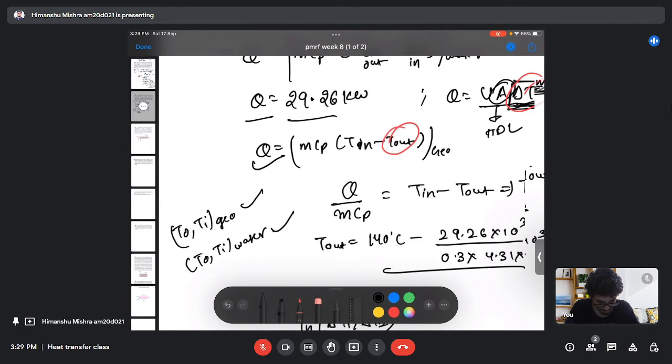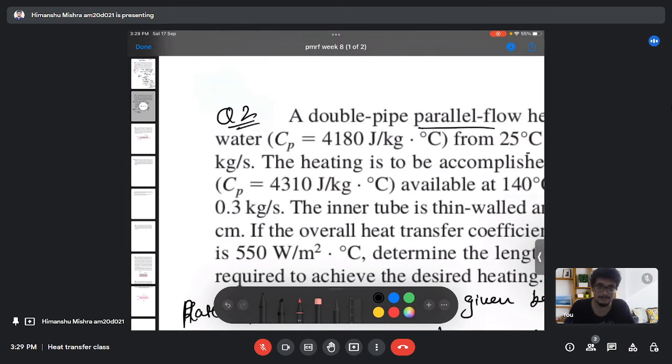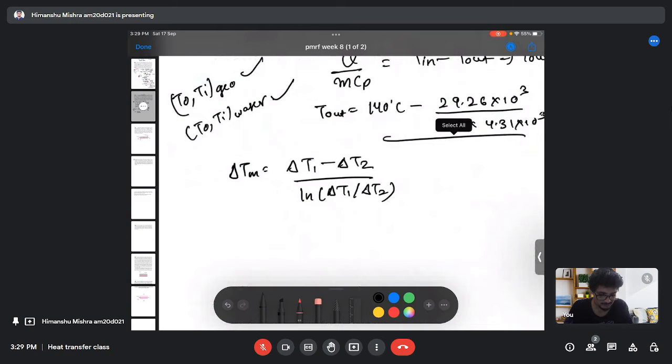In the question we have a parallel flow heat exchanger. So you need to take care while finding the delta T1 and delta T2, because for the parallel and for the counter case, these temperature differences will be different.